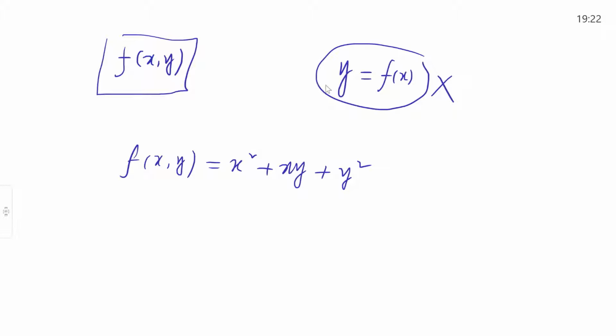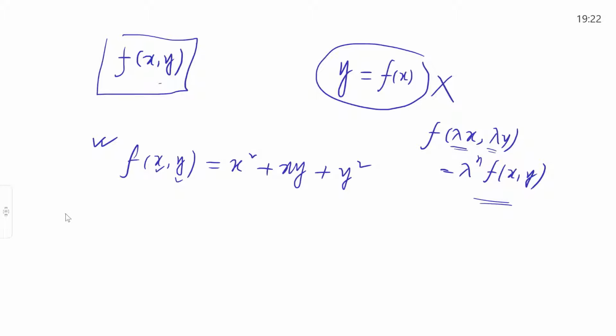So try to see here. By the definition, the function is homogeneous if it satisfies f of lambda x, lambda y is equal to lambda to the power n into f of x y. So let me try for this. Just replace x and y by lambda x and lambda y.